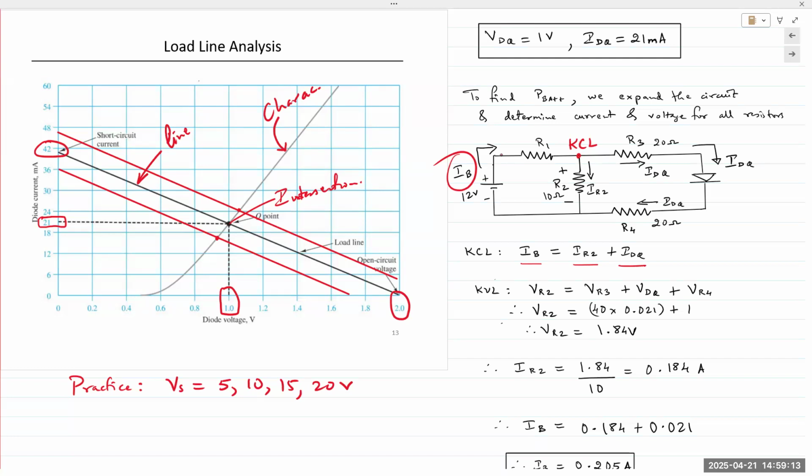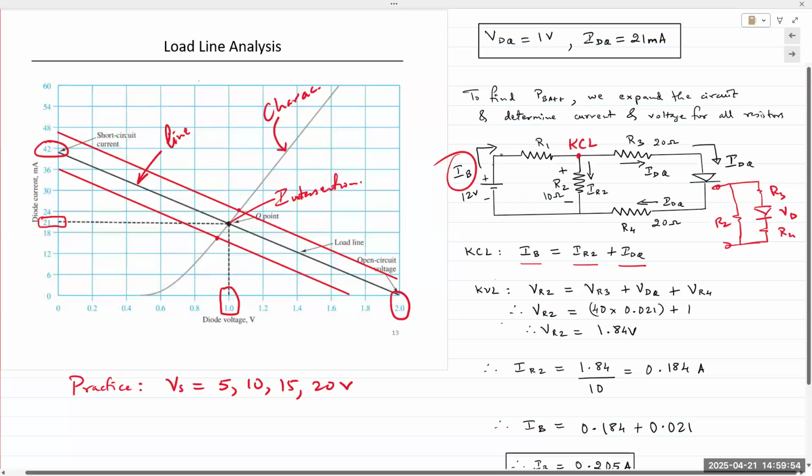But we only know one of those quantities. 2 of them are unknown: IB is unknown and IR2 is unknown. So we need to find IR2. To find IR2, we can apply Ohm's law to R2. In order to do that, we need the voltage across R2. Thankfully, there is a way to find it, because the voltage across R2 would be the same as the total voltage across R3, the diode, and R4.